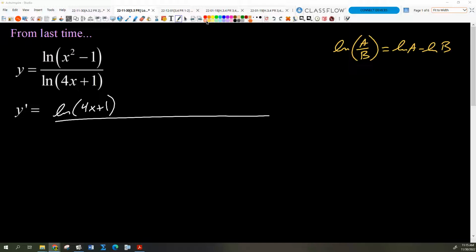Two x over x squared minus 1. Everybody agree? Because the derivative of log u, remember, is u prime over u, right? So u prime is going to be 2x divided by u.